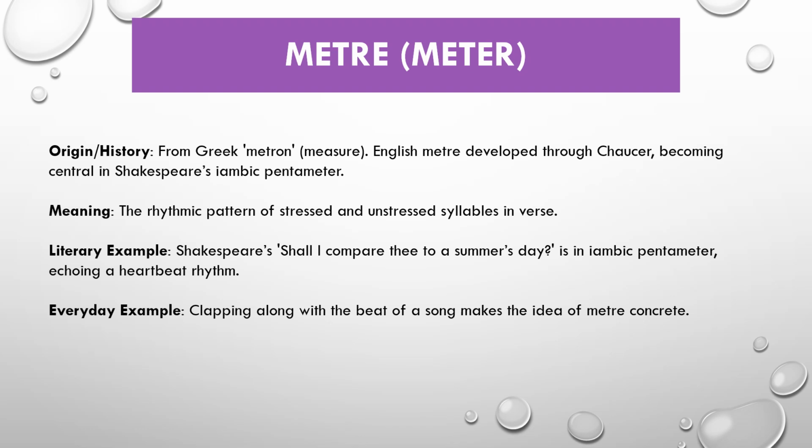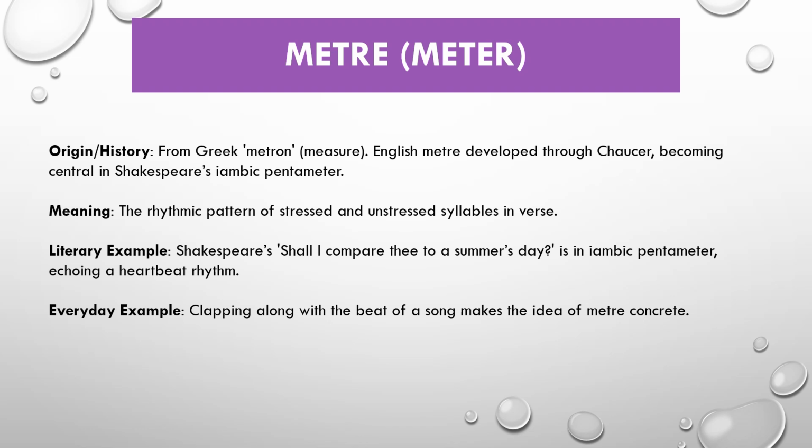Example, as I have already quoted, you can take the example of Shakespeare. Shall I compare thee to a summer day? Right? It is written in iambic pentameter. Iamb means consisting of two syllables, unstressed and stressed. Shall is unstressed, I stressed.